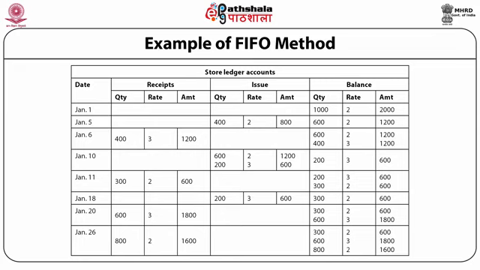In a similar manner, when we have to make an issue of 200 units, these were issued at the rate of 3 per unit, and preference was given to the material which was received first. So this method shows that the material which is received first will be issued first. This works on the principle of first come, first served, and the material which is received first will be used first.